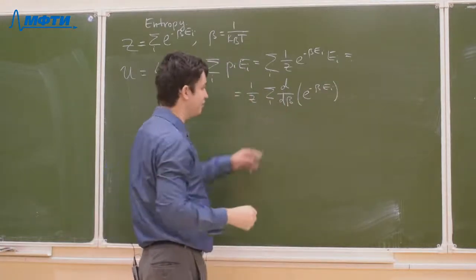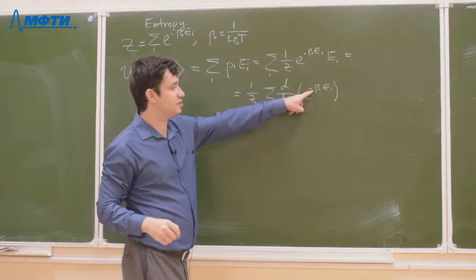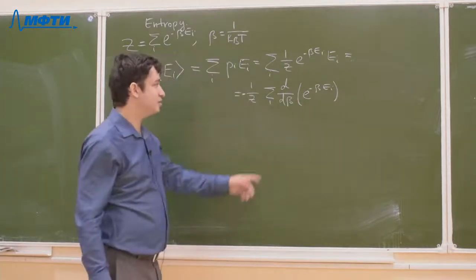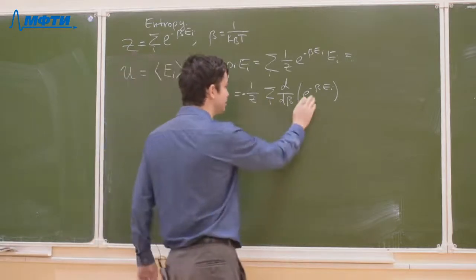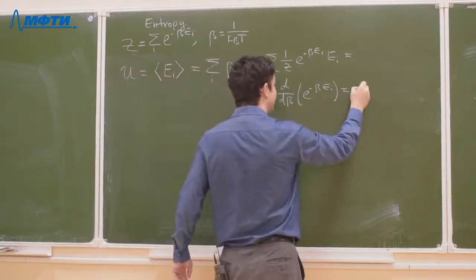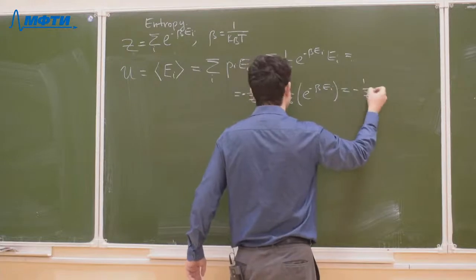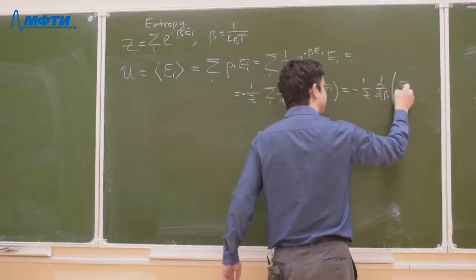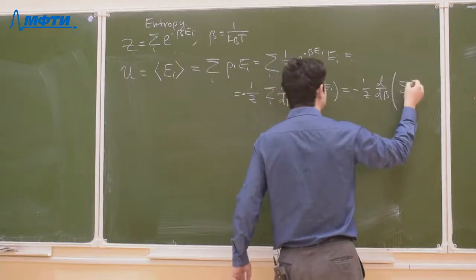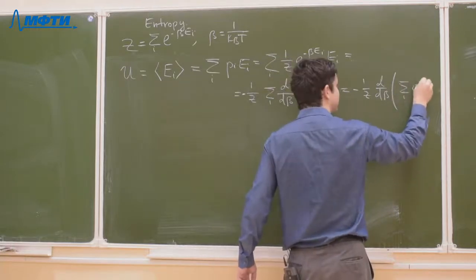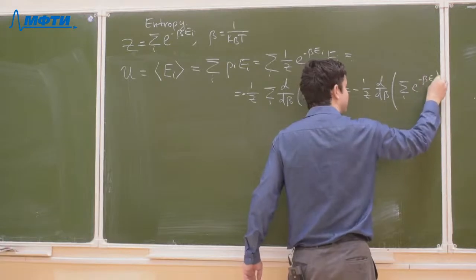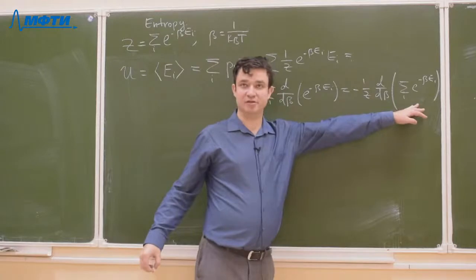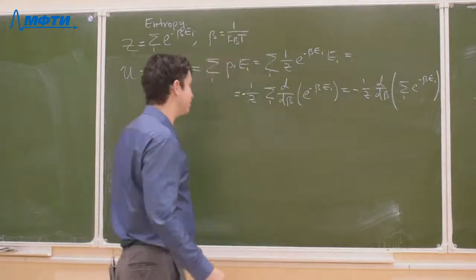And since I have a derivative here and we have a minus in the exponent, we should add a minus here to compensate for this minus. And this means that this again can be written as, and then we notice that the value inside the brackets is again a partition function.